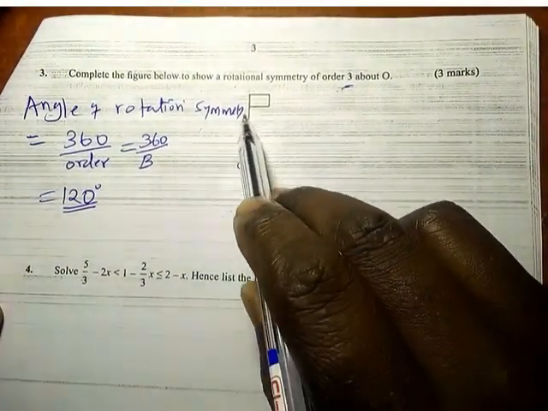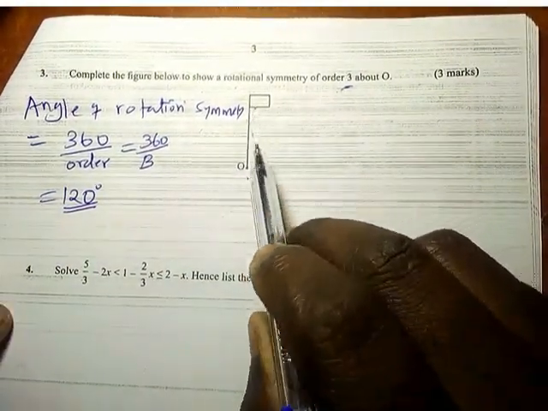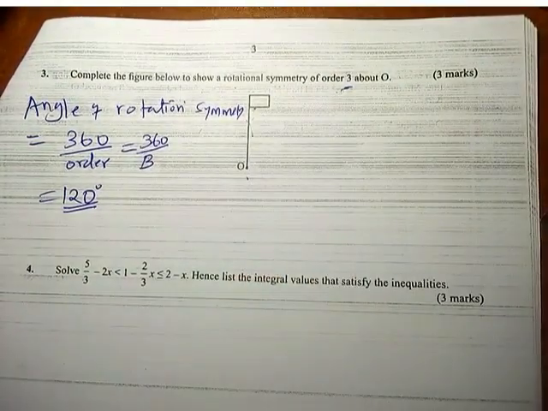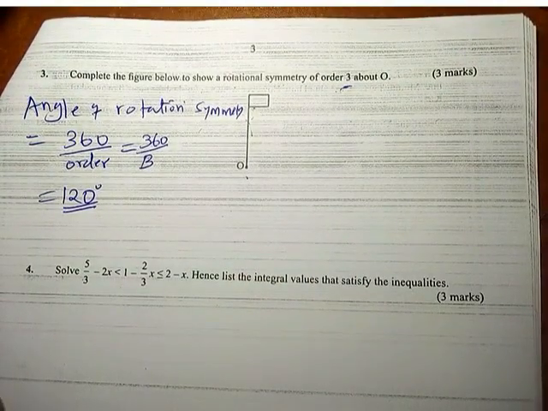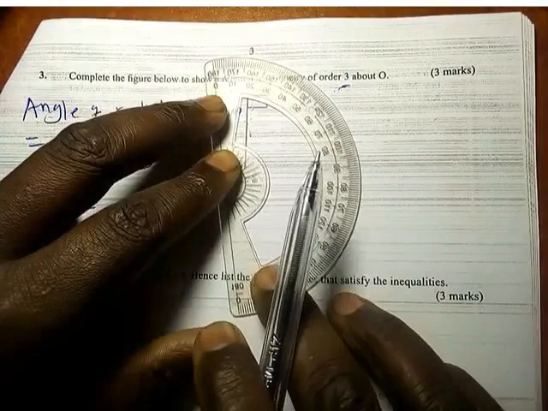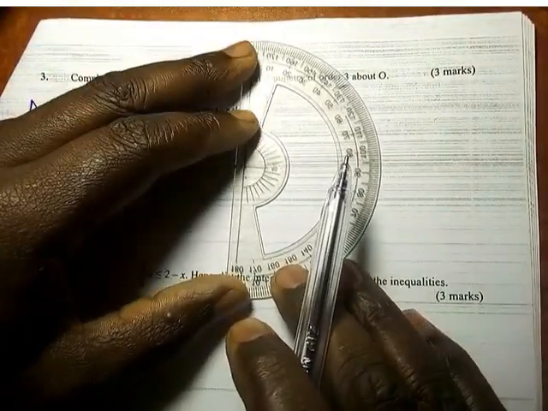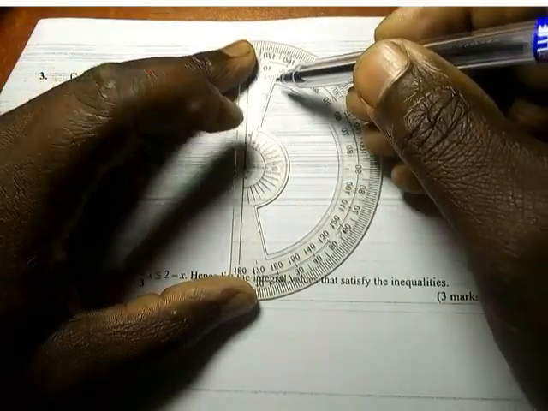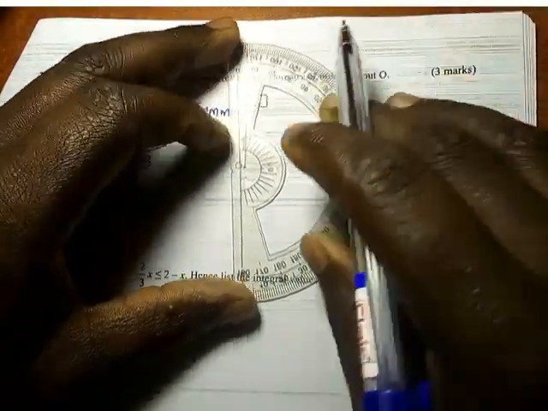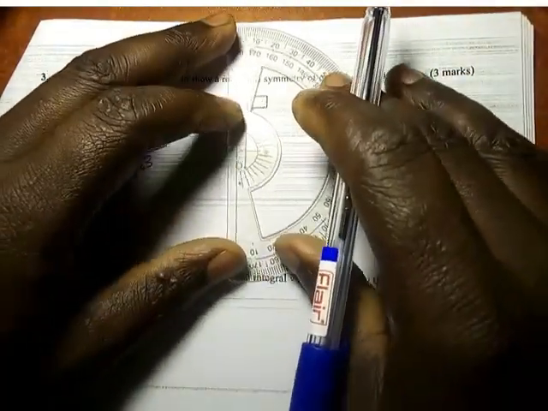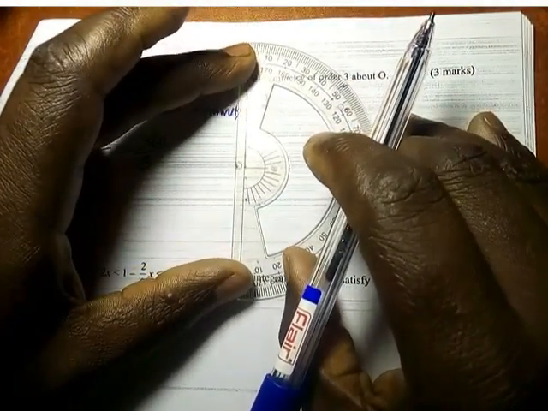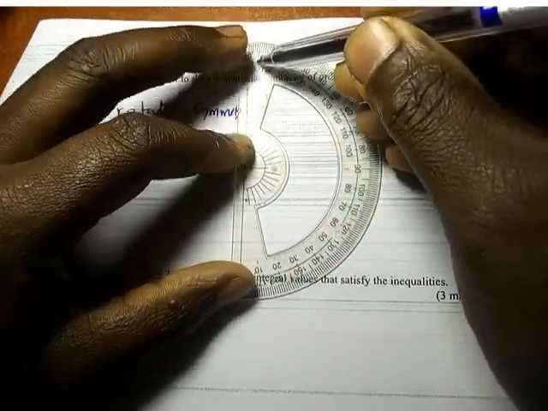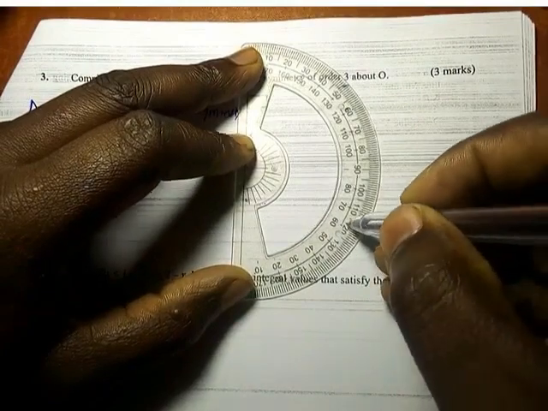So we are rotating this object at an angle of 120. From there you place your protractor like this. So 120 from there. 120 from there. 120 here.